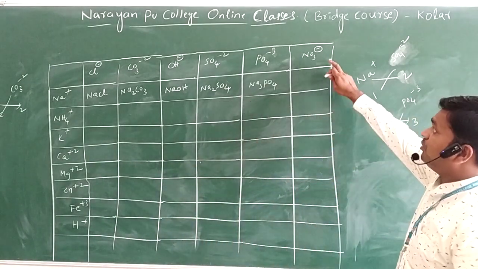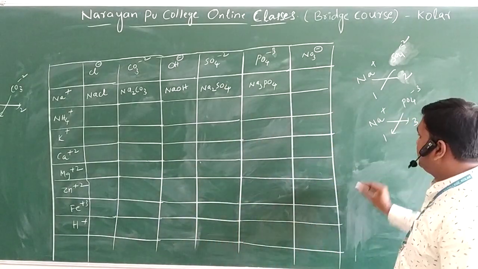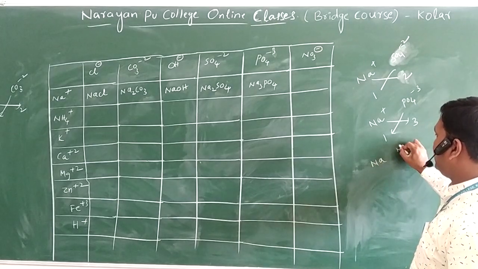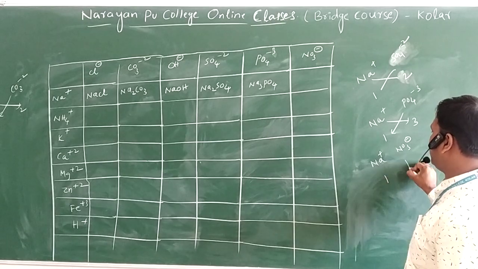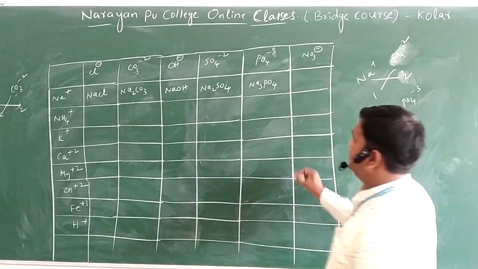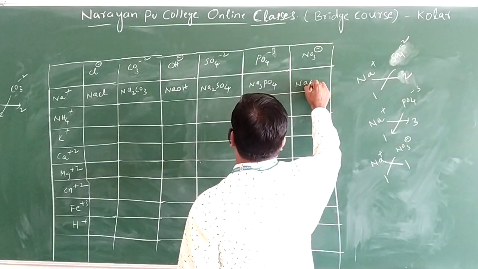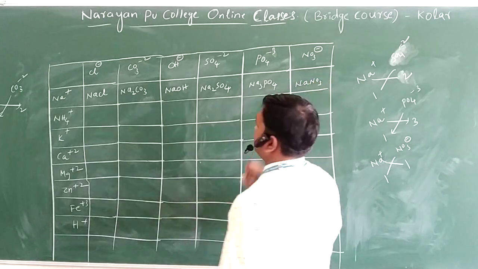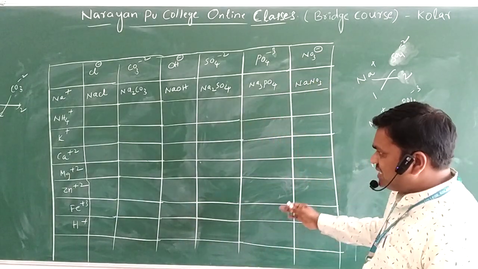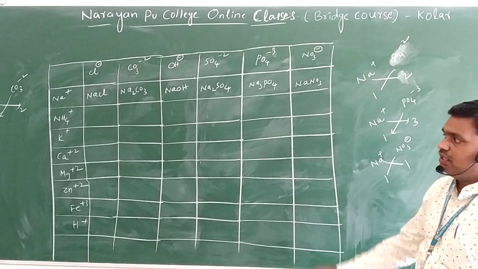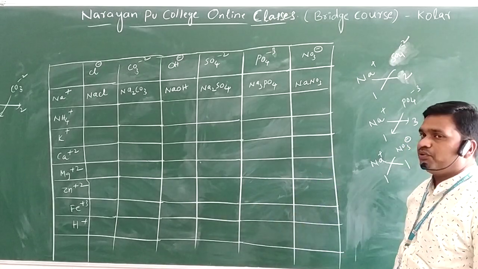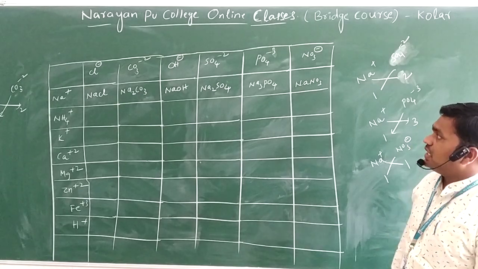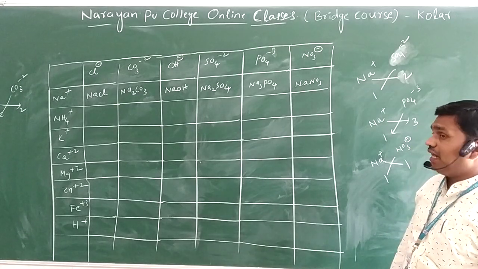And one more example, NO3 minus. Na and NO3 minus, here plus 1, here minus 1. Then you will get NaNO3. Like this you can use this table. In the same manner you will get chlorides, carbonates, hydroxides, sulfates, phosphates and nitrates.